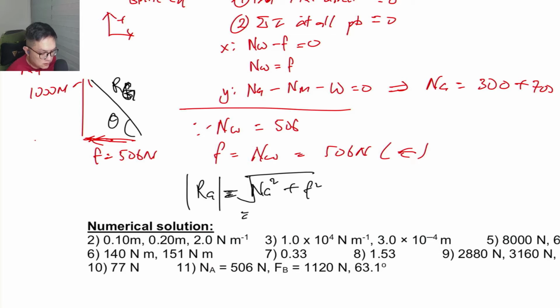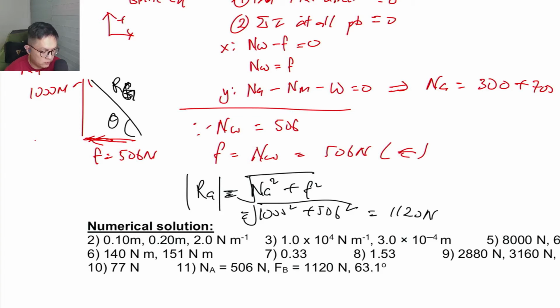So 1000 squared plus 506 squared, square root the whole thing, and I get 1120 newtons.